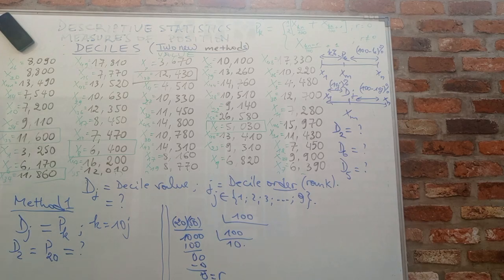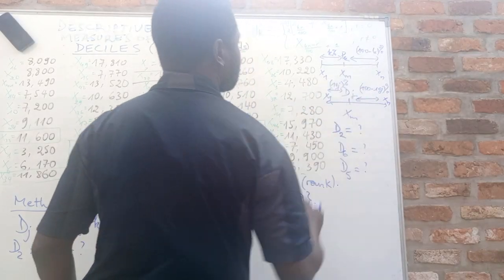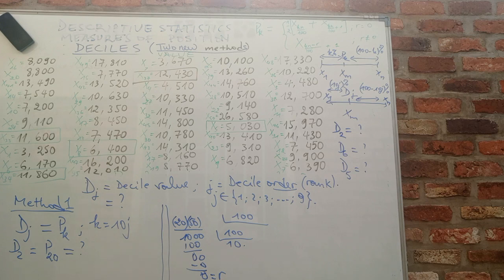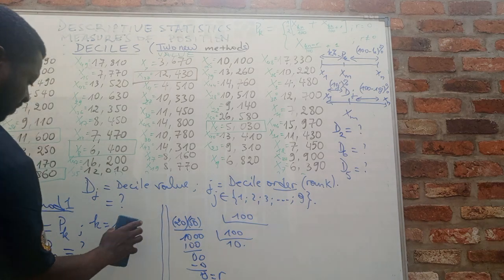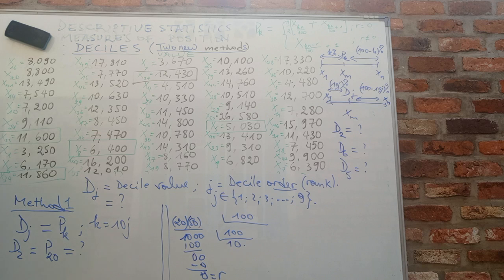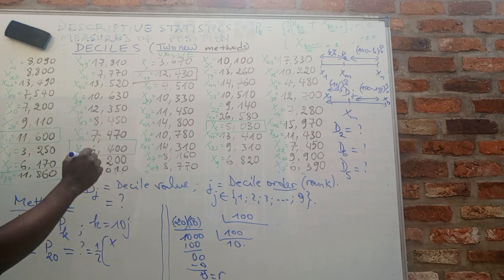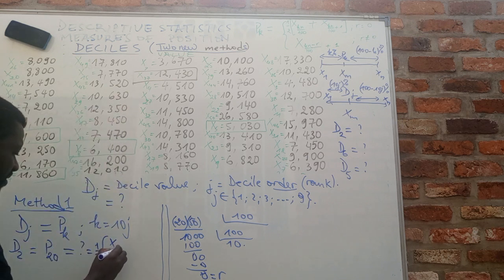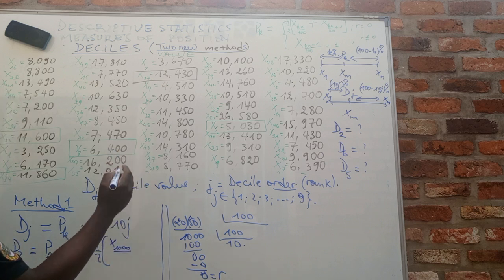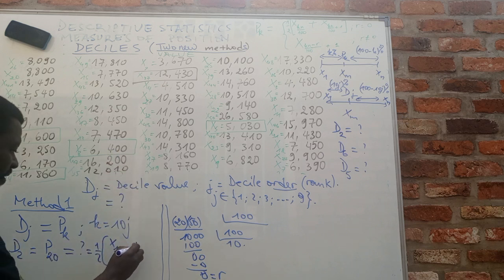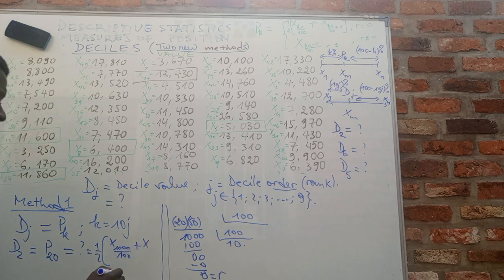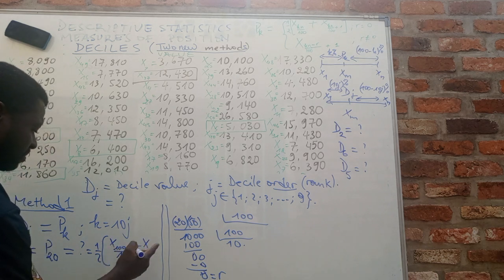Now, as the remainder is equal to 0, we fall into the first category. So in this case, we find P_k equal to a half of x sub kn over 100, which is 1,000 divided by 100, plus x sub this division plus 1.